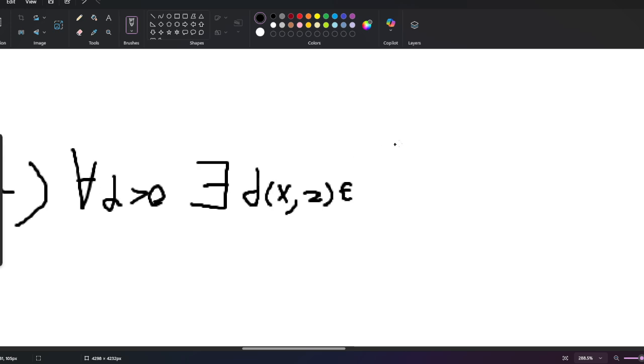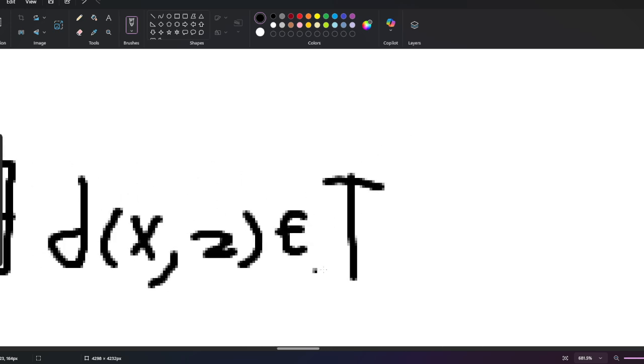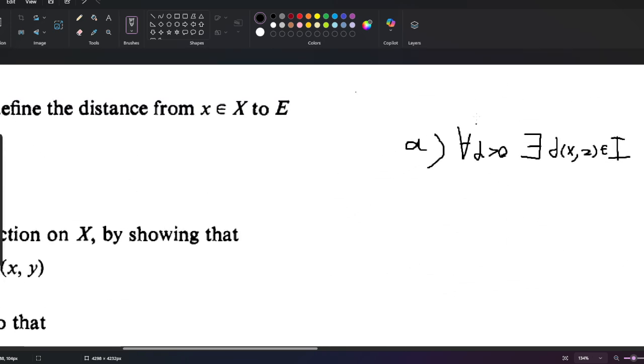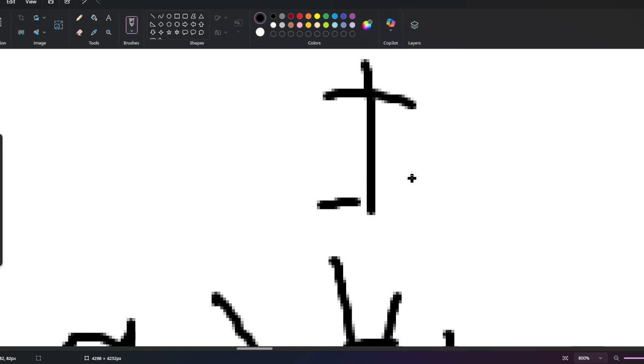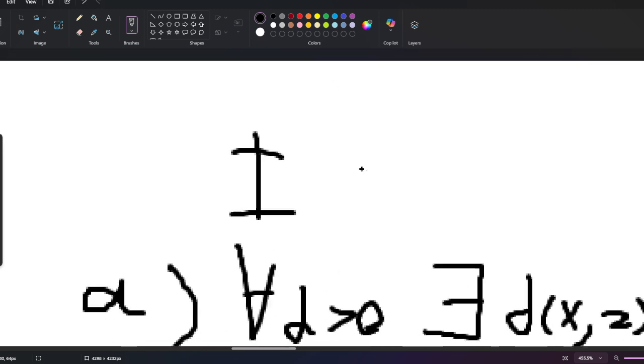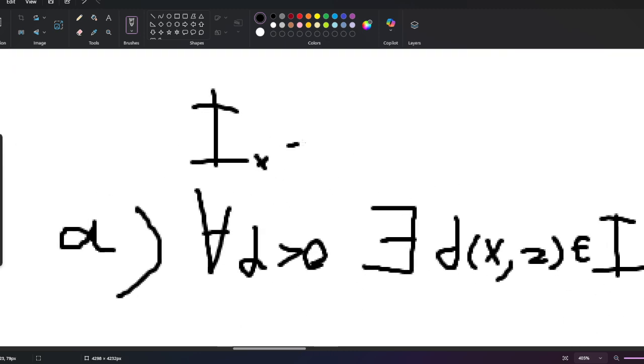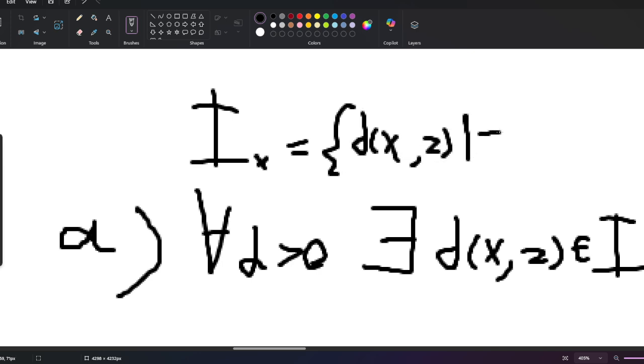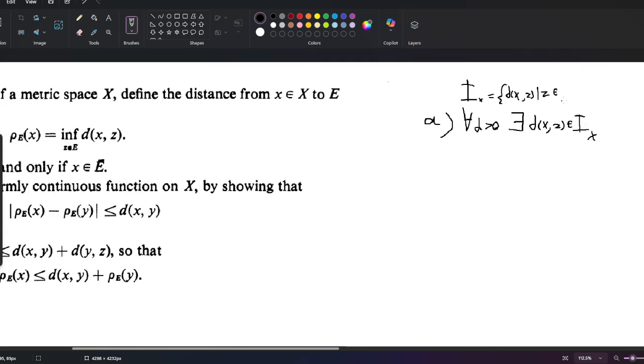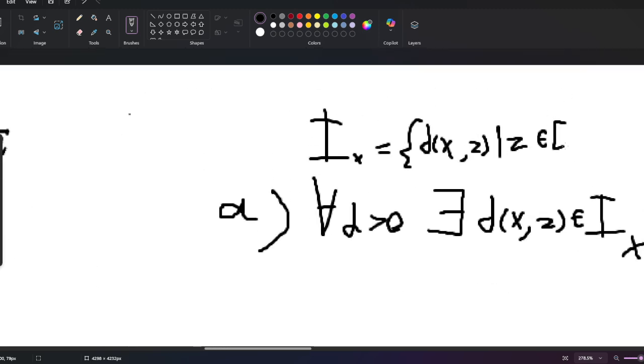So let's call this set I, and let's denote it over here, actually I_x. We're going to denote it as the set of distances between x and z, with z being an element of E.